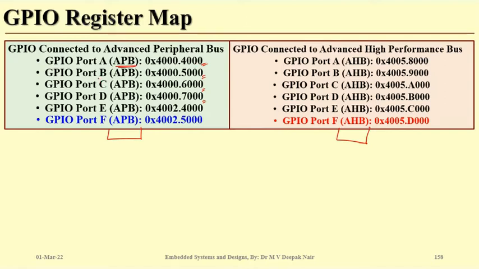If you are using port B in APB, then it is 4000 5000, and similarly 4000 6000, 7000, and so on. Now the question is, these two buses are not available for every peripheral.